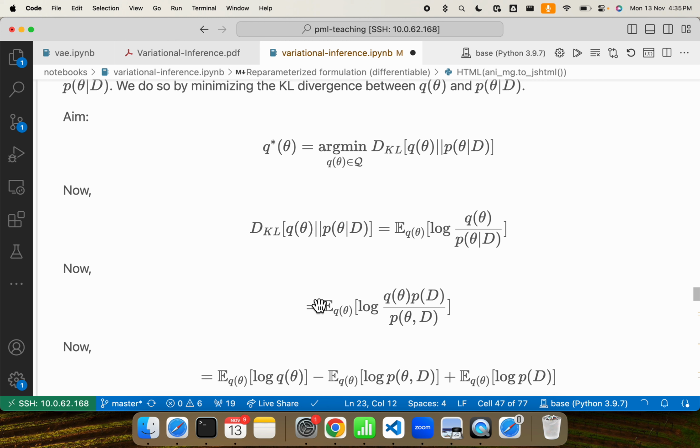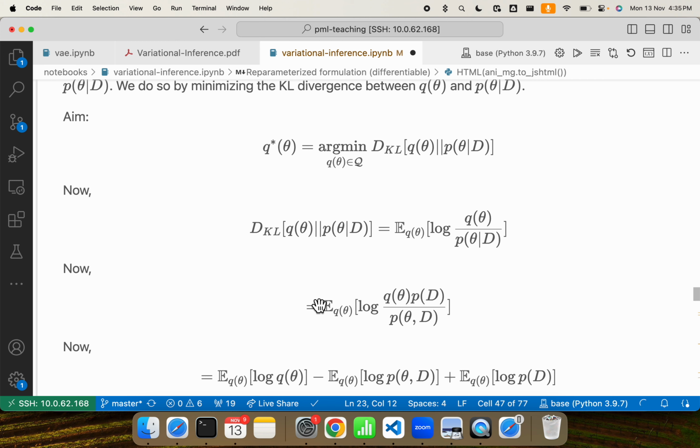Now we can just expand these terms out, which is equivalent to the expectation of log of Q theta minus the expectation of log of P of theta comma D, which is the joint, plus the expectation of log of P of D under Q theta.